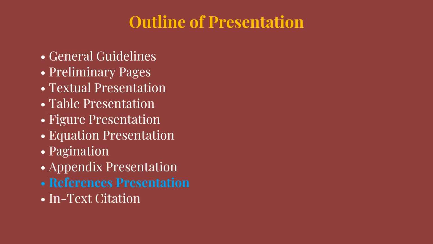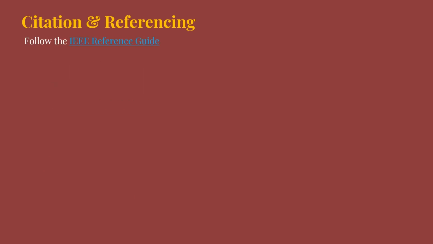Now we're moving on to references presentation. For the citation and referencing for engineering, we're actually using the IEEE format. So for the reference guide in using the IEEE, you can actually go to Google and just simply put in the words IEEE reference guide, and this reference guide will come up.